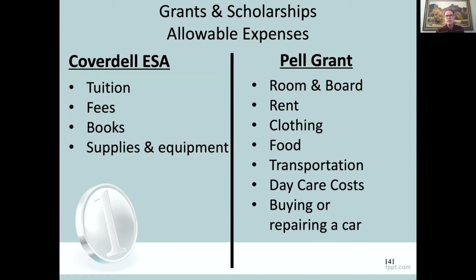Maybe you want to rent a house a block off college campus, and you pay the rent, buy food, pay for your gas to drive to college, or even buy and repair your car. Or if you have a child, take care of the daycare cost, all to help you get to college and attend college. So those are examples of unrestricted and restricted. And remember, on that screen earlier, a Pell Grant is used by, I think I said, 7.5 million people.